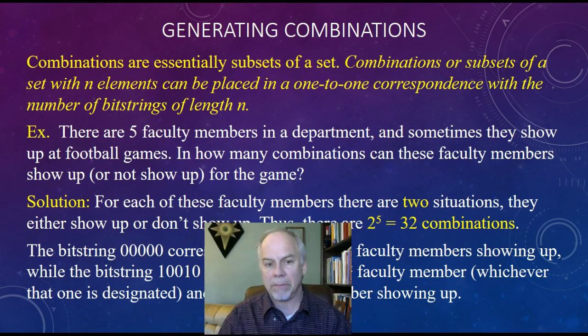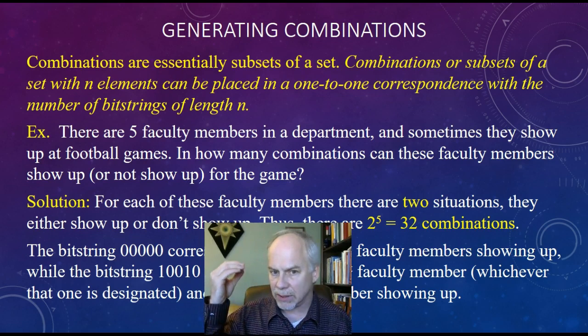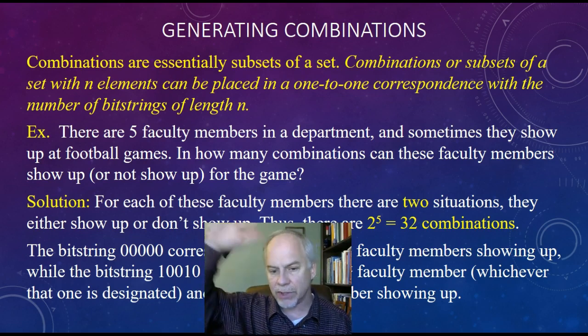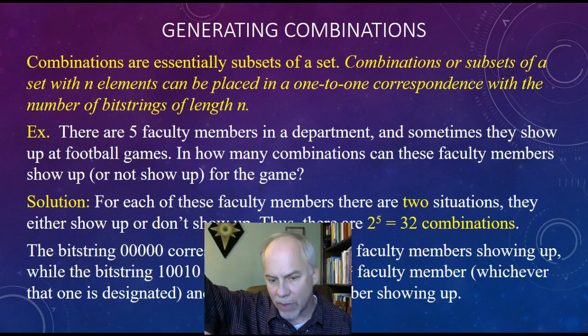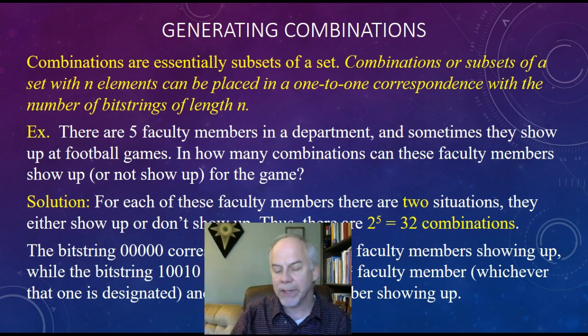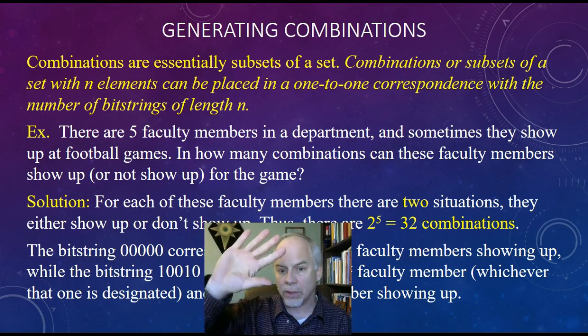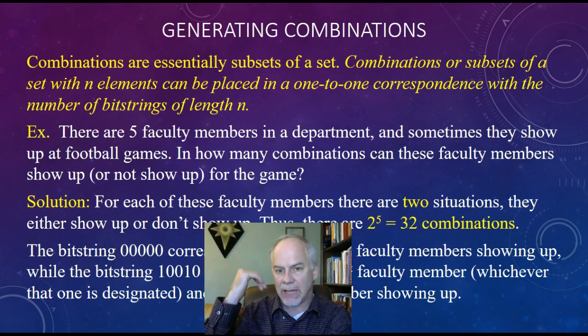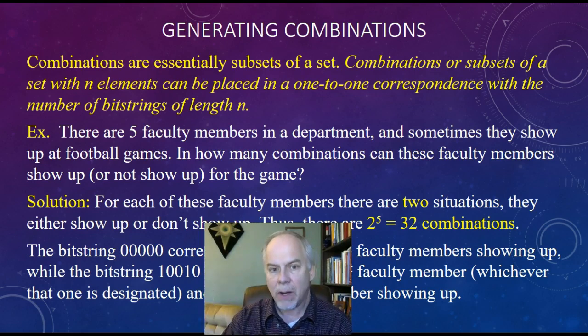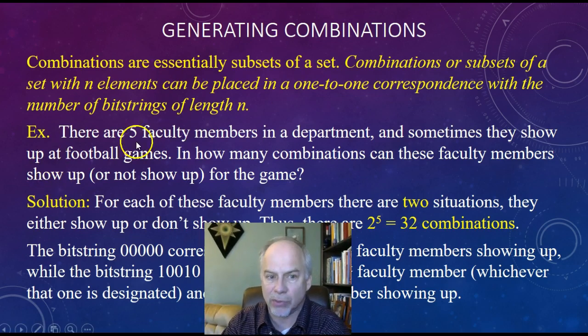Now, for each element of the original set, you have 2 choices. You could either accept that element into the subset, or say no to it and not accept it. So this actually corresponds to a binary situation, the number of bit strings of length n.